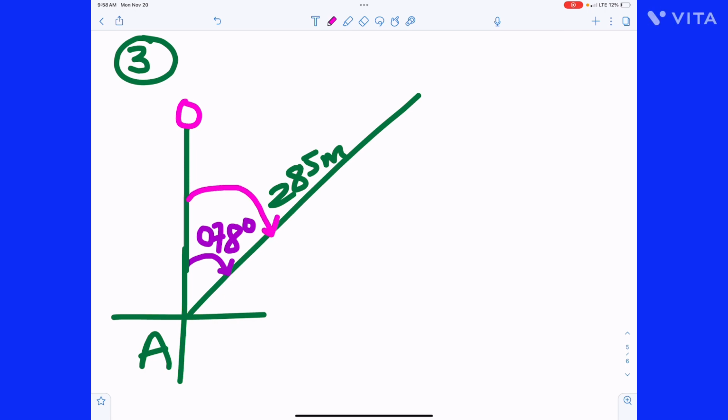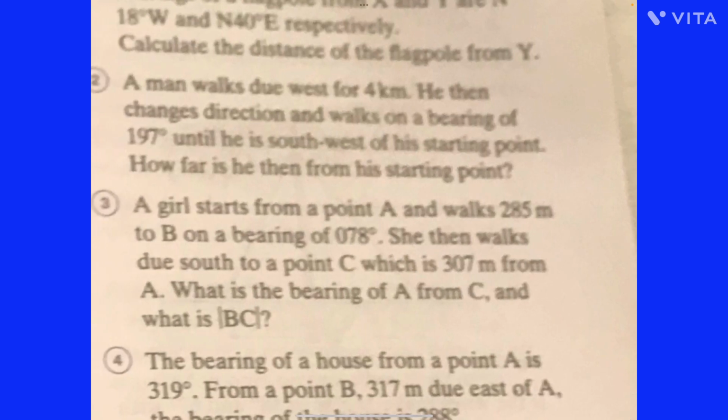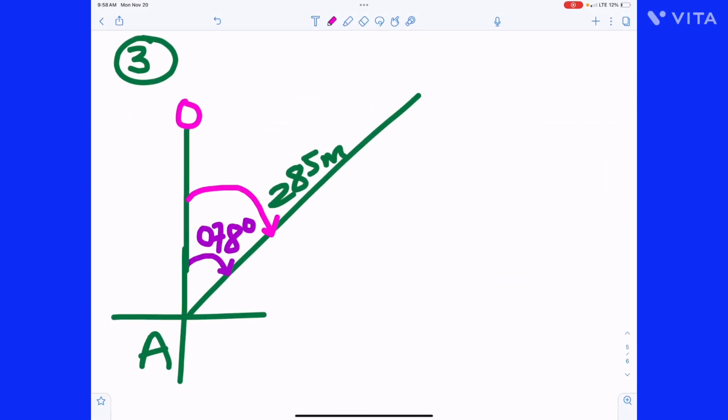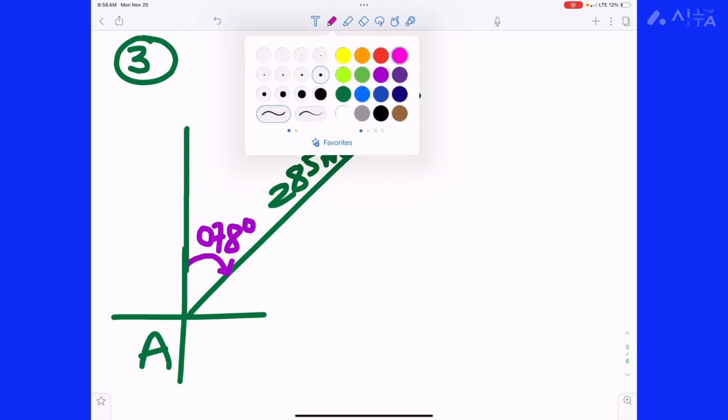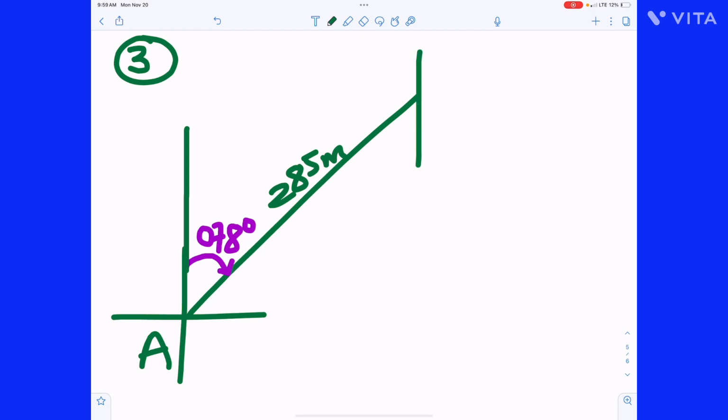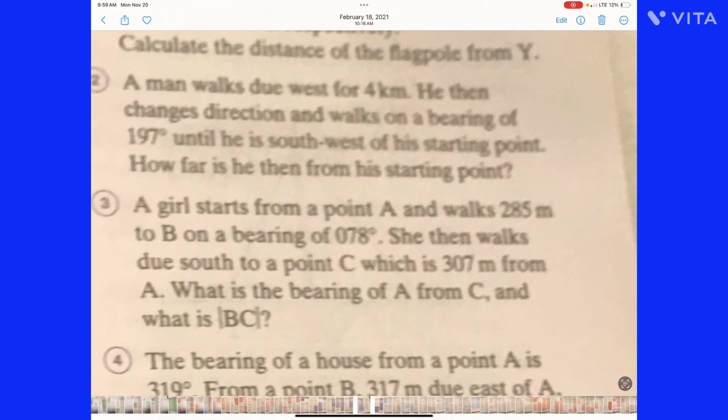Exactly. Now the question says, she then walks due south to a point C, which is 307 meters from A. She walks due south. So that means on getting to this point, let's say I call this point B. I think it's been called B in the question. A girl starts from a point A and walks 285 meters to B on a bearing of 078 degrees.